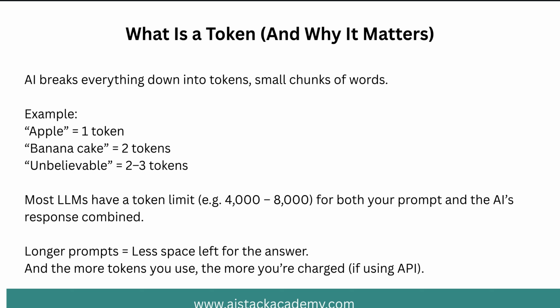So if you are prompting the model and you are typing a lot of things and you exceed your token limit, you will probably not get a response. If you use a big part of your token allowance, there's less room left for the AI to respond, and it can sometimes cut it off or give you a shallow answer.